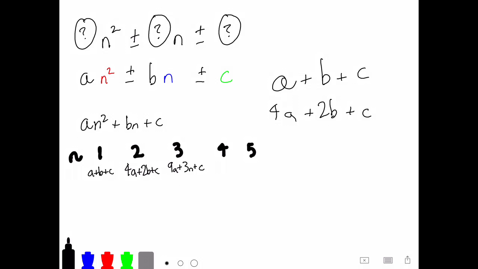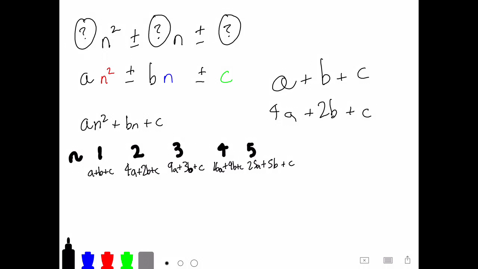The next one would be 16a, oops, yeah, sorry, that was meant to be b over here, 16a plus 4b plus c, and then 25a plus 5b plus c. I apologise for my absolutely terrible handwriting, even though I'm using an Apple Pencil. So I do apologise for that.